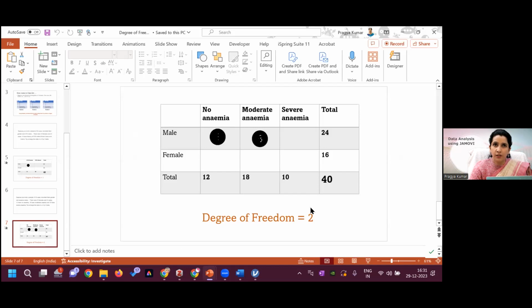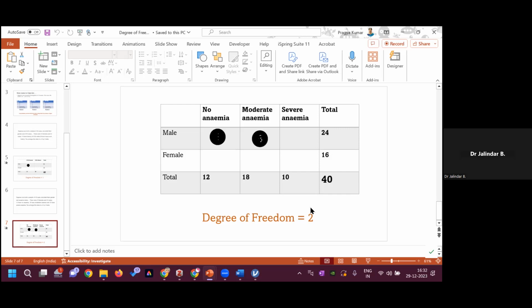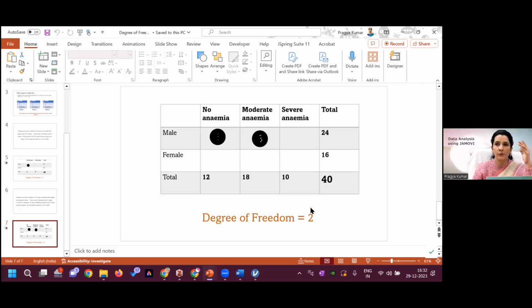Because it is 4:30. Ma'am, I have one question. Please, Dr. Anand. Ma'am, if we put two values, male and female, then it is not possible. So in that case, we have the freedom to put values only in columns and not in rows. Is it correct? Can you please repeat your question?